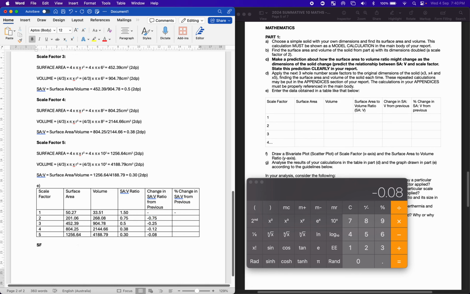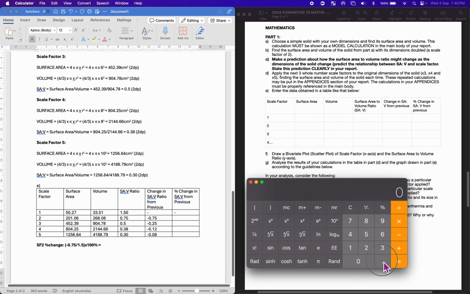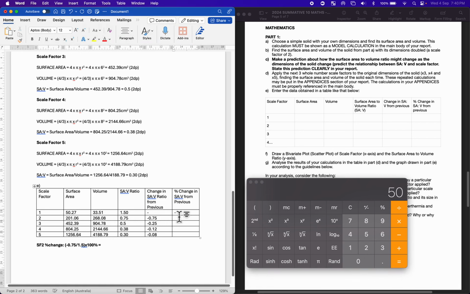Scale factor 2, percent change, is going to be negative 0.75 divided by 1.5, and then times the whole answer by 100%. I don't need it to be negative, I can change it to negative myself. 0.75 divided by 1.5 times by 100. That's going to be a negative 50% change.